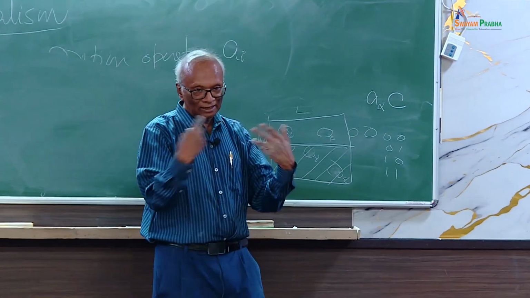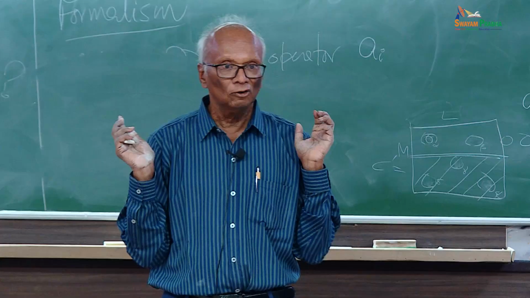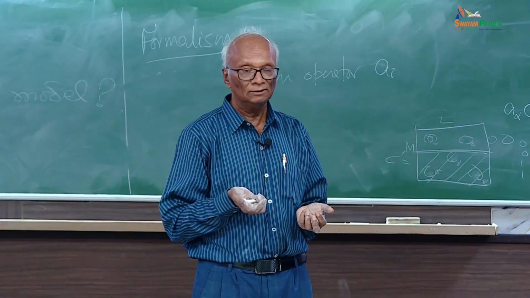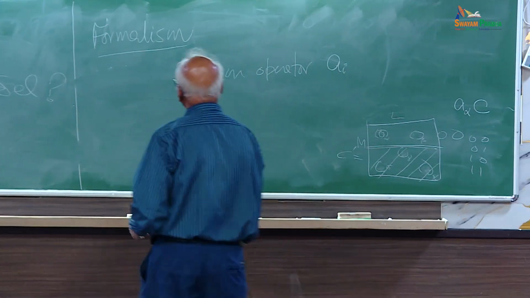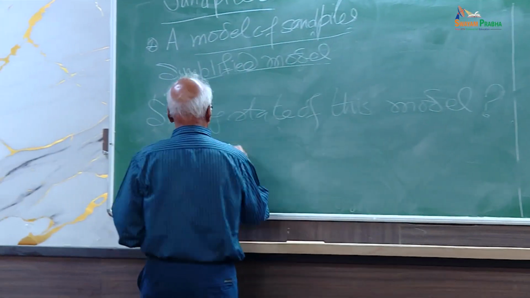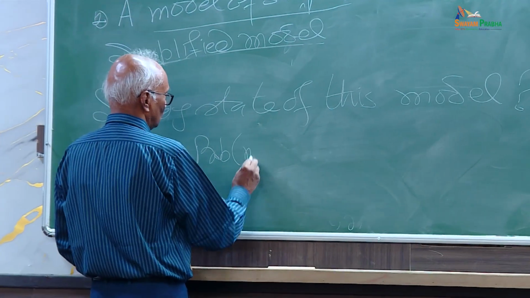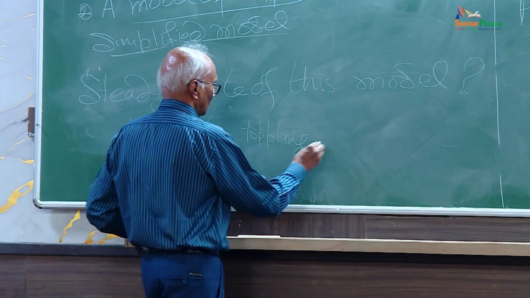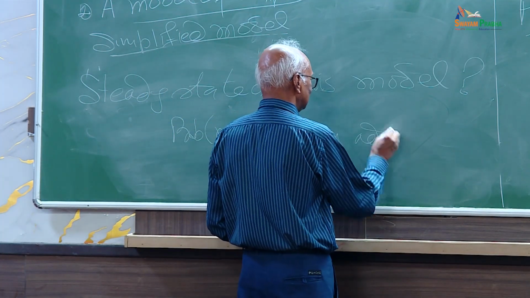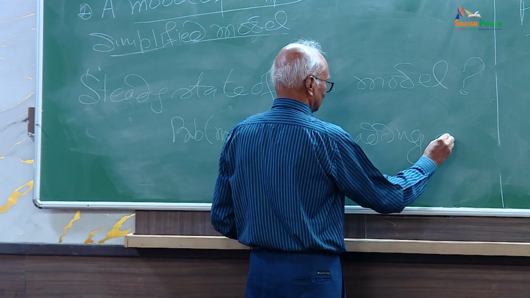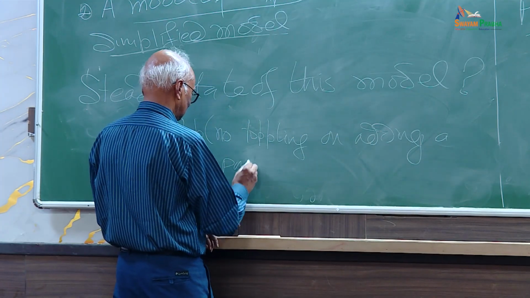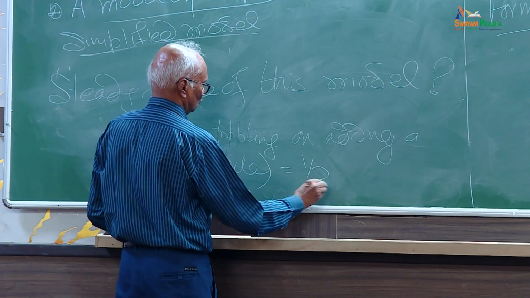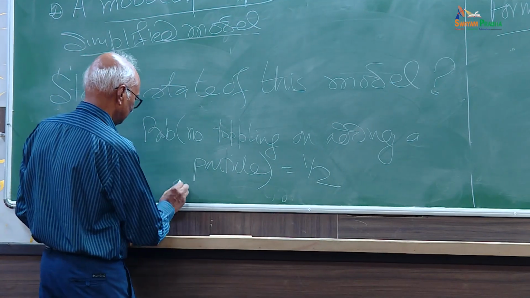If the site is 1, then toppling will occur. What is the probability that the site will have height 0? It's half. So the probability of no toppling on adding a particle is equal to 1 by 2 on the top layer.